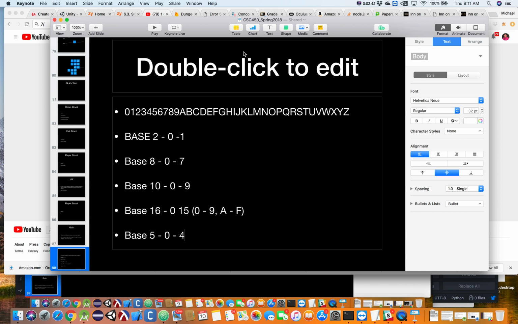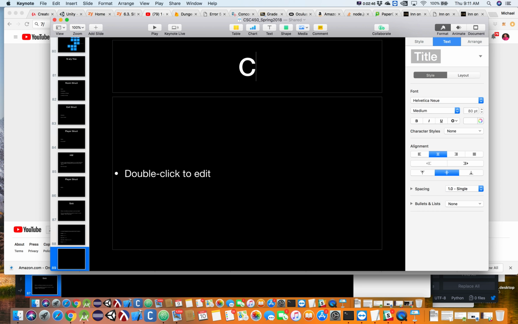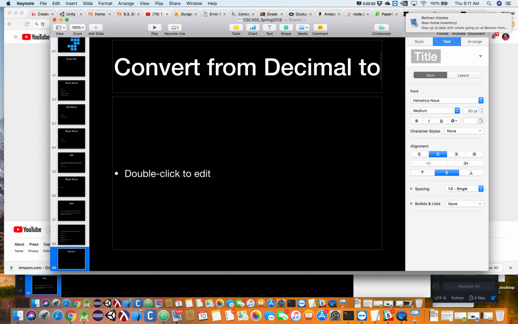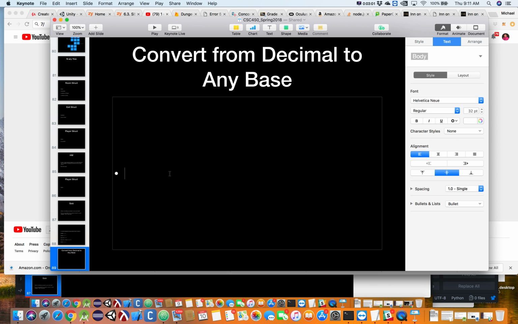All right, so then we have two patterns for conversion. So we have convert from decimal to any base. If you're starting with a decimal number and you're converting it to any other base, then what you do is pick your favorite 3-digit decimal number. 212.